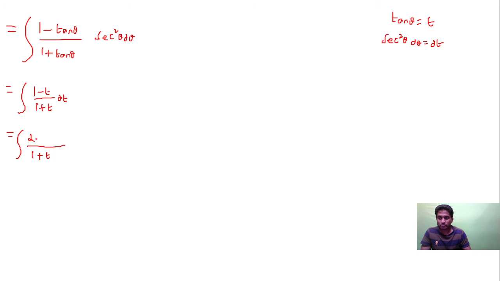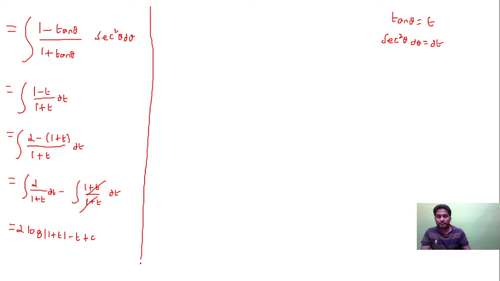Numerator can be written as 2 minus of 1 plus t, which will be 1 minus t only. So integration 2 divided by 1 plus t dt minus integration of 1 plus t upon 1 plus t dt. This will get cancelled. Integration of 1 by x is log x, you get 2 log of 1 plus t minus t plus c.